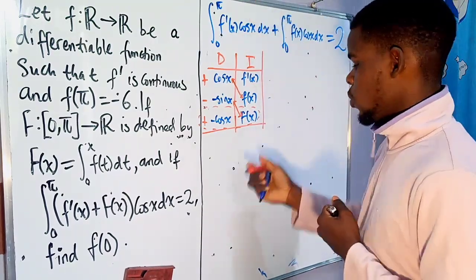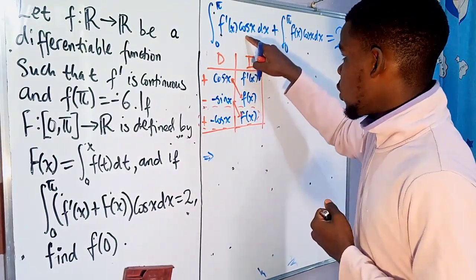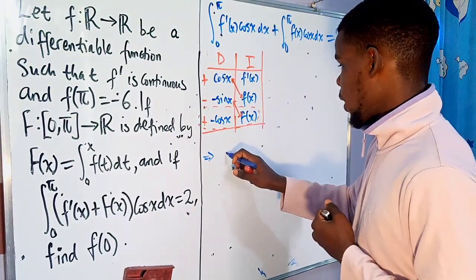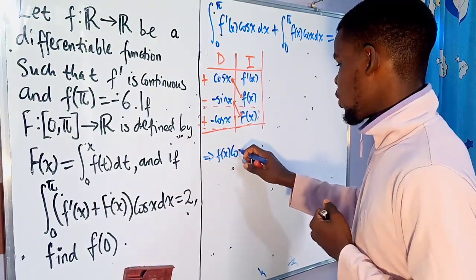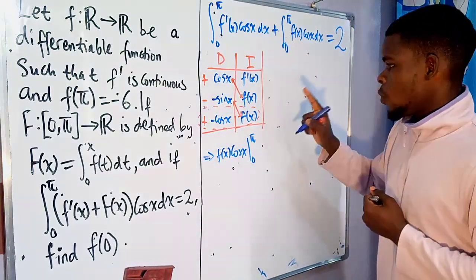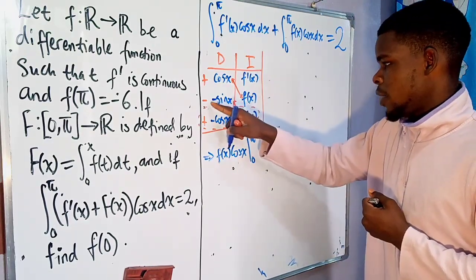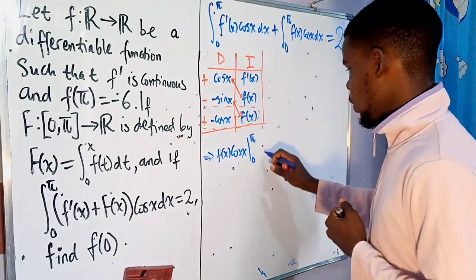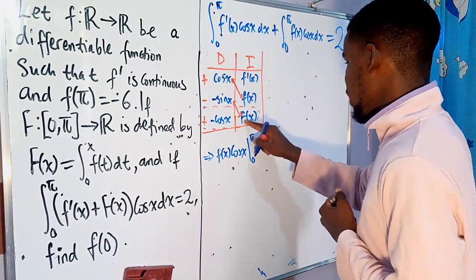That is from here. So that means we are going to have, so this tells us the integral of this one will give us this. So we're going to have big F of x, all right, times the cosine of x, and we have to take that from 0 to pi, remember? And then we're going to take the product of this second diagonal, this times that, that will give us positive sine of x, all right, times big F of x.